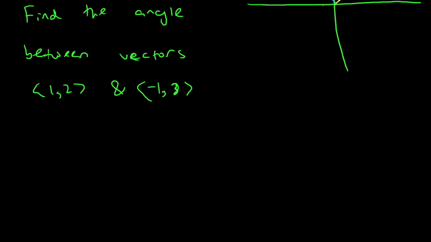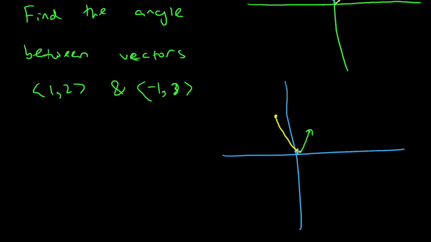So let's draw a graph, make it easier to visualize. We have a vector 1, 2, so that's about here, and a vector -1, 3, so -1, 3, maybe somewhere here. So our theta, what we're trying to find, would be right here.